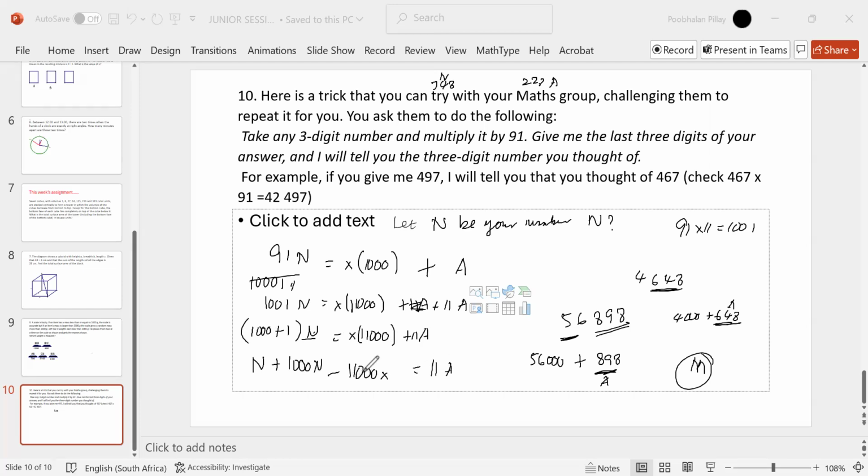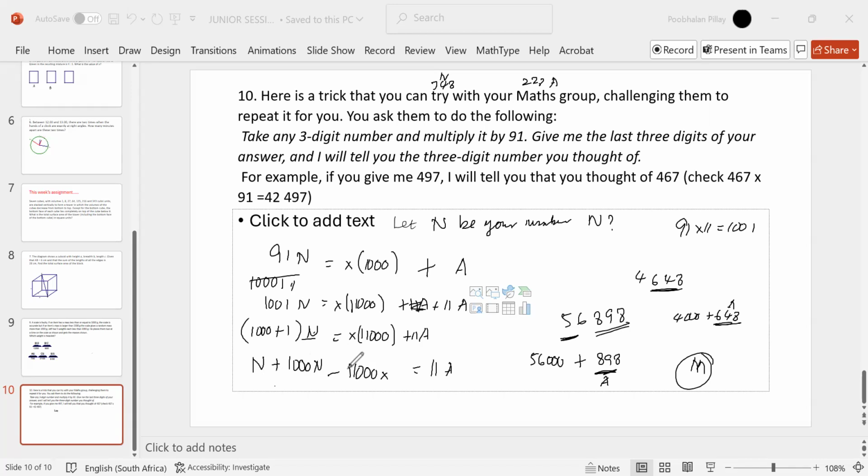Now, the number on the left-hand side, N, remember, was a three-digit number, right? But here, you're adding a multiple of 1,000. When you take any number and you add a multiple of 1,000 to it, right?